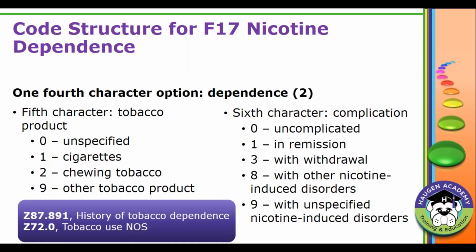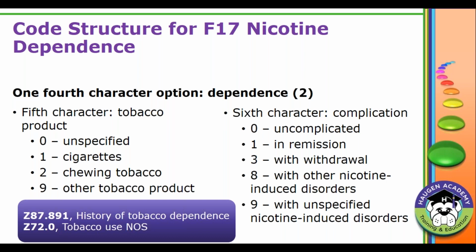Now, I mentioned that the structure for category F17 for our nicotine or tobacco dependence does have a different structure. First of all, there's only one fourth character option for nicotine dependence, and it is dependence. So we have a code for alcohol use and alcohol abuse, but we don't have a code for nicotine use or abuse in the F17 category.